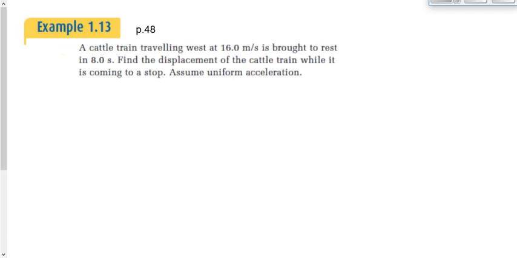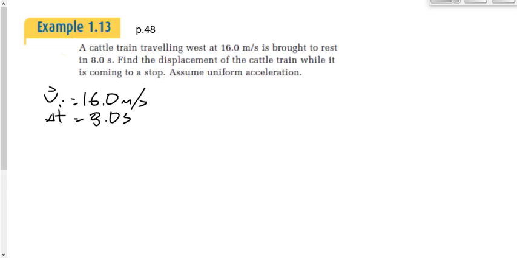Okay, now let's write down our givens. What do we have here? 16 meters per second is what? That's VI. That's how fast it's moving at the beginning of this problem. VI is 16. What else we got? T is 8.0 seconds.